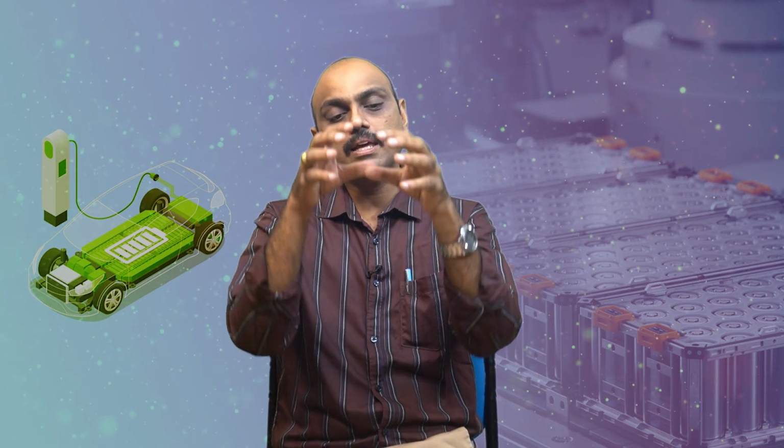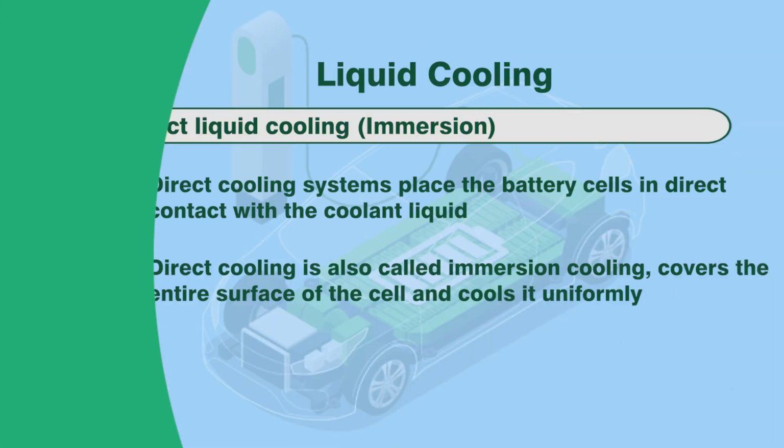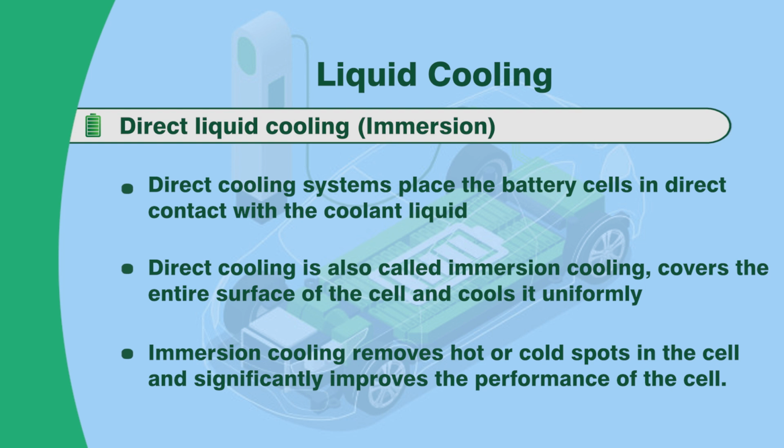Whereas, in direct cooling, since the complete battery pack is immersed in the liquid, the entire surface will be uniformly cooled, giving a uniform temperature distribution across the cells. So, immersion cooling removes hot or cold spots in the cell and significantly improves the performance of the cell.